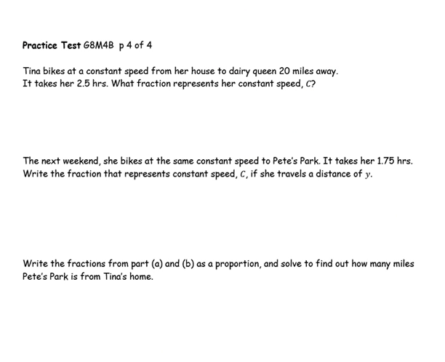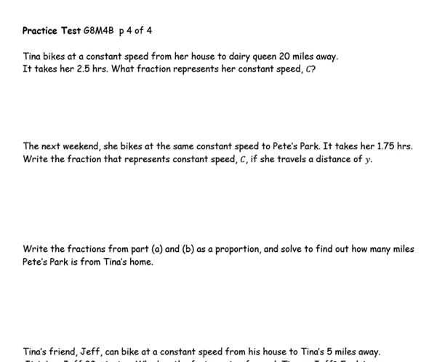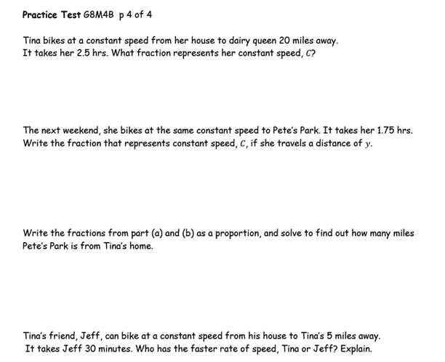Tina bikes at a constant speed from her house to Dairy Queen, 20 miles away. It takes her 2.5 hours. What fraction represents her constant speed? So we're talking about time and distance. And when you're talking about speed, we usually generally talk about it in miles per hour. And this distance is given in miles and the time is given in hours.